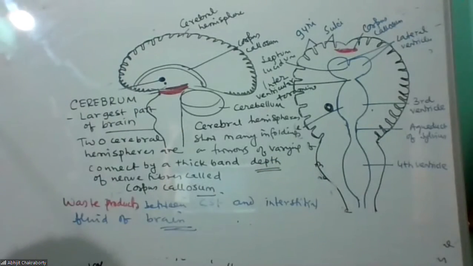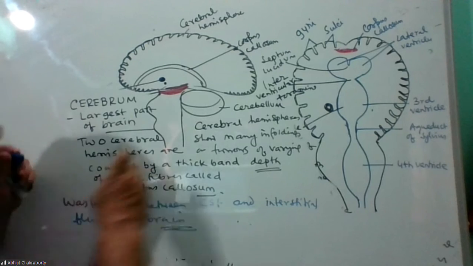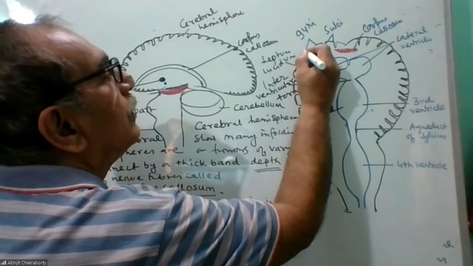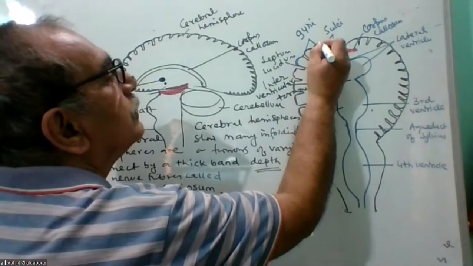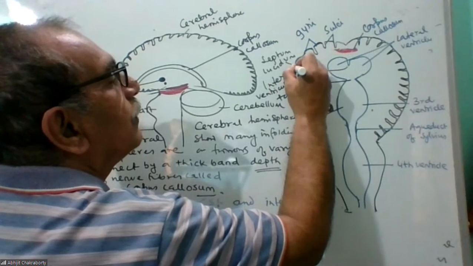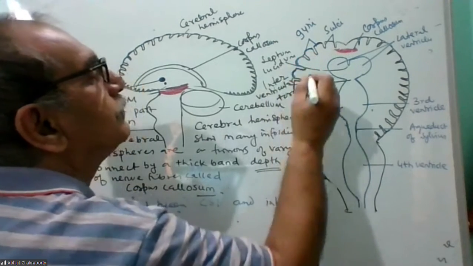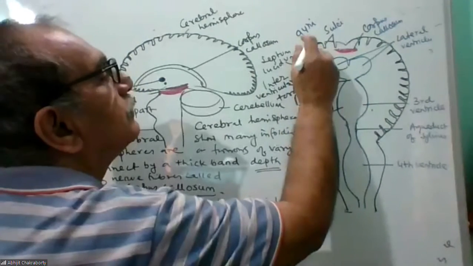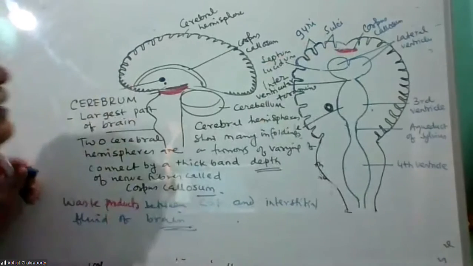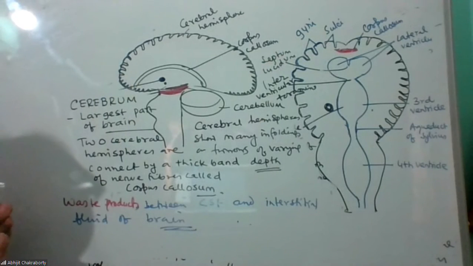These folds, or convolutions, suppose these are the folds, you see. This is the furrow.